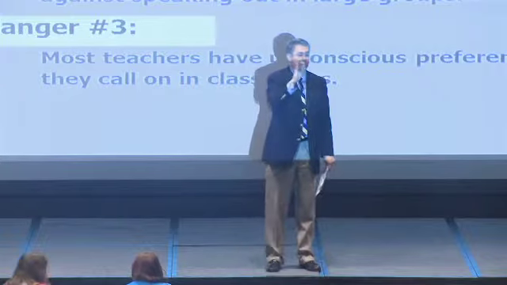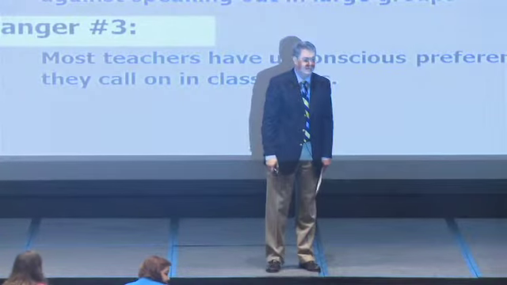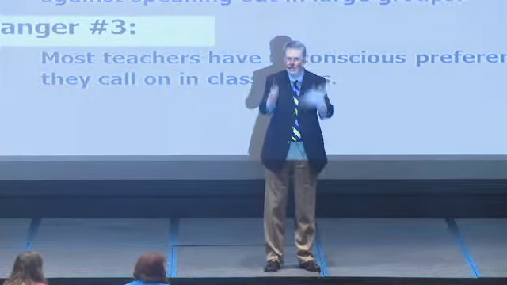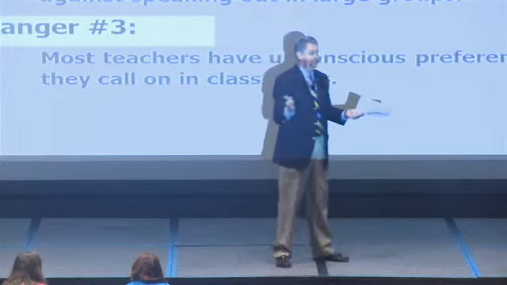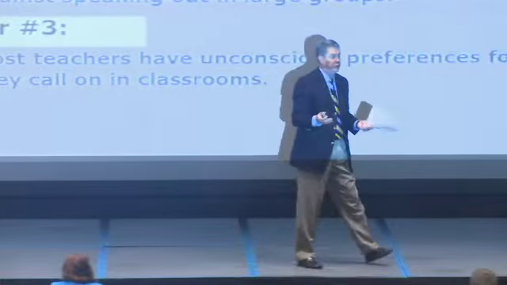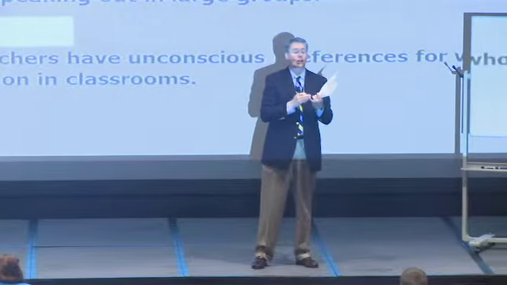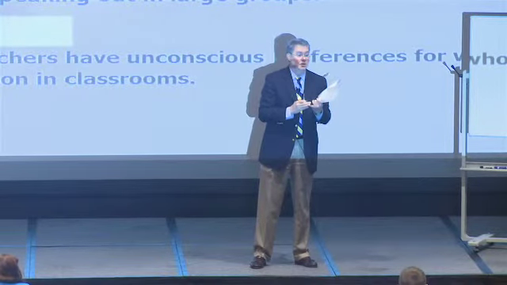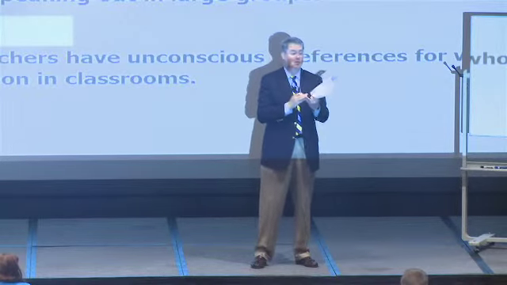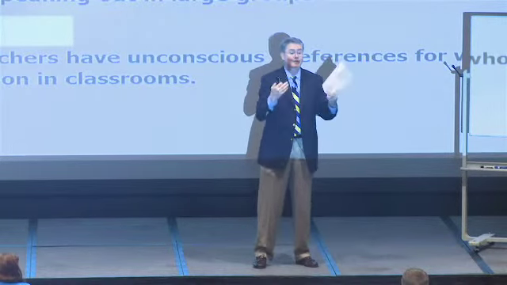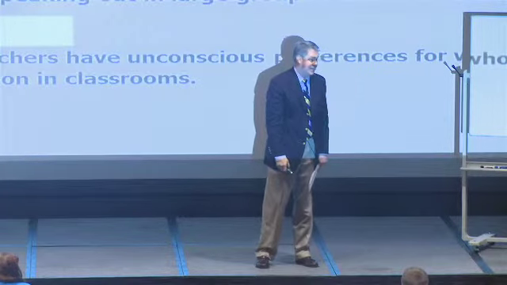Nice to see you. I don't even remember your face sometimes because I'm just unconsciously looking at this group. Another unconscious danger is that we tend to call on people who either look like us or act like us, or who we think maybe are attractive or giving us positive feedback in class.